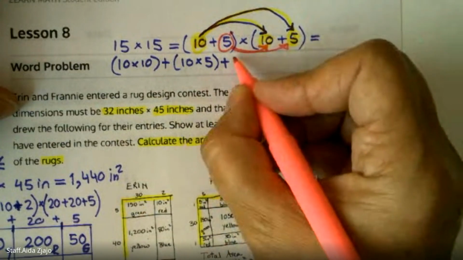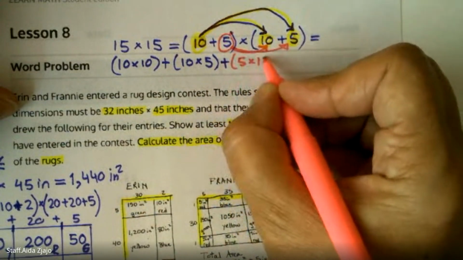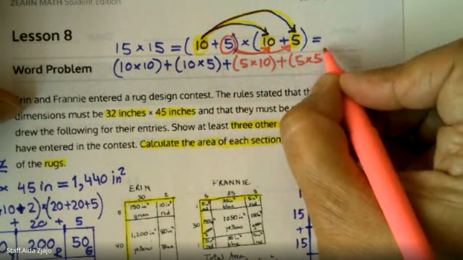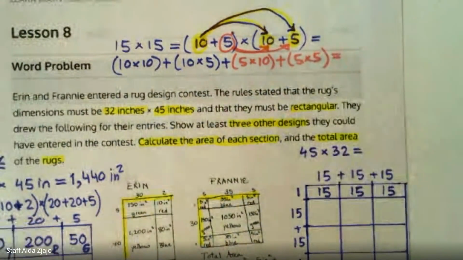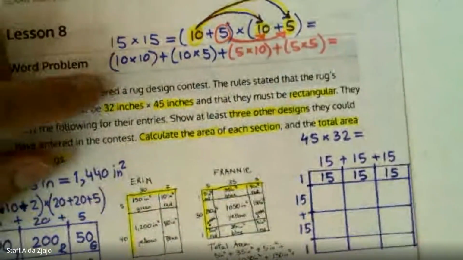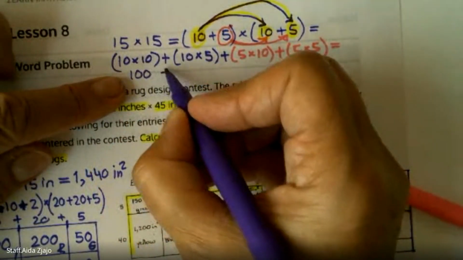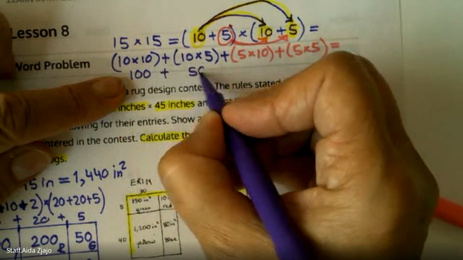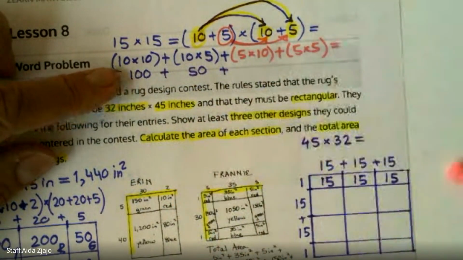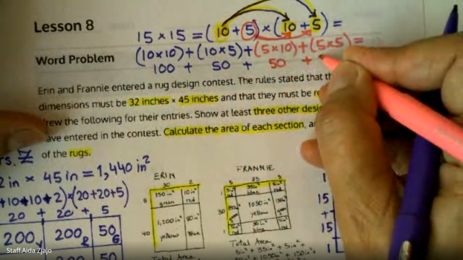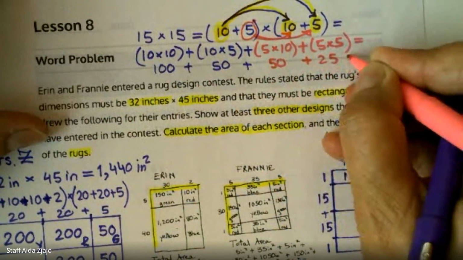So it's going to be 5 times 10 plus 5 times 5. Distributive property. So now you multiply and solve it. 10 times 10 is 100. 10 times 5 is 50. 5 times 10 is 50. And 5 times 5 is 25.